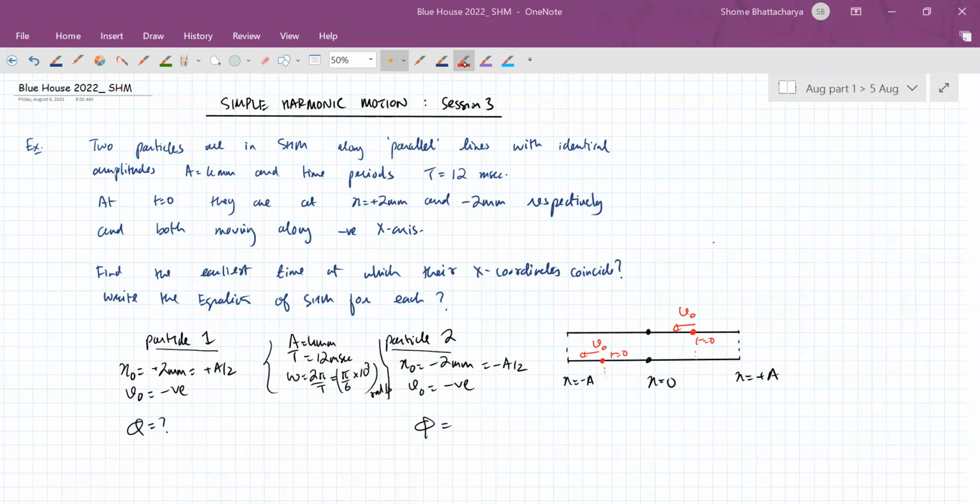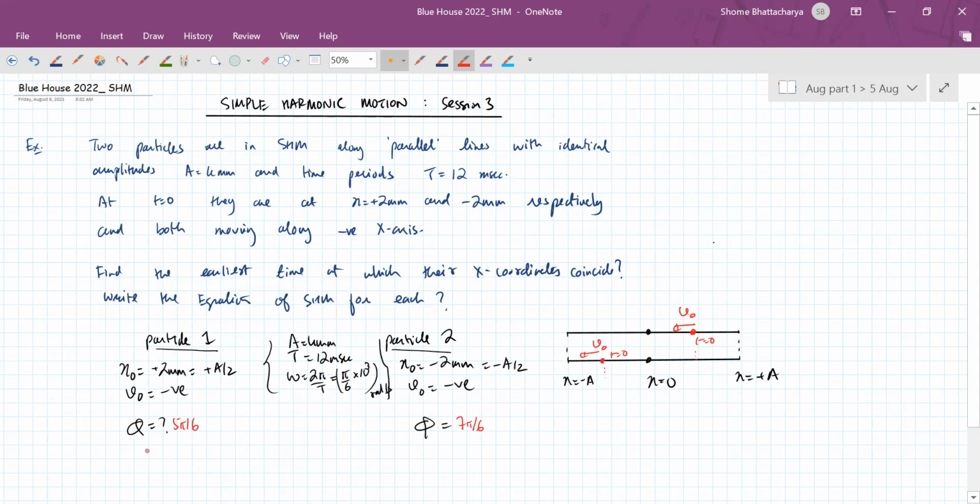Okay, so for the first one, you will see that the phase constant is equal to 5 pi by 6. And for the second one, the phase constant is equal to 7 pi by 6.